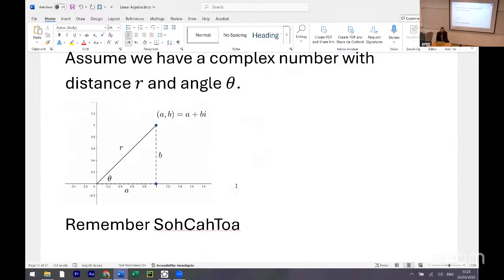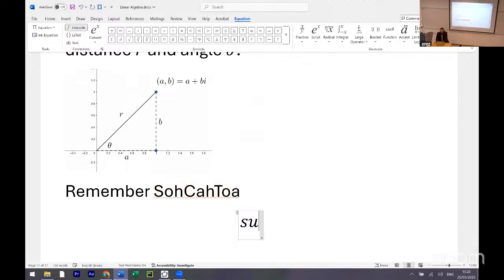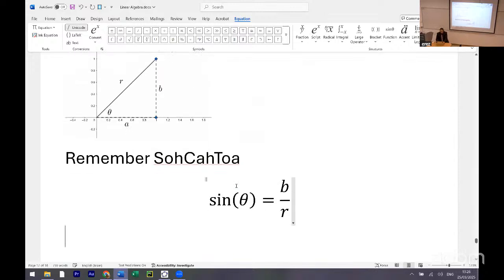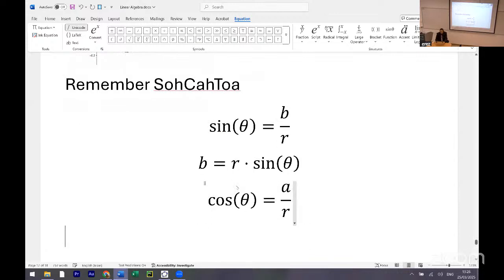Cosine is adjacent over the hypotenuse, and tangent is the opposite over the adjacent. Okay, great. So the sine of theta equals b over r. So b, and that's what we wish to find, is r times the sine of theta. That's an easy formula, okay? And similarly, the cosine of theta is the adjacent over the hypotenuse, and that's why a equals r times the cosine of theta, okay?